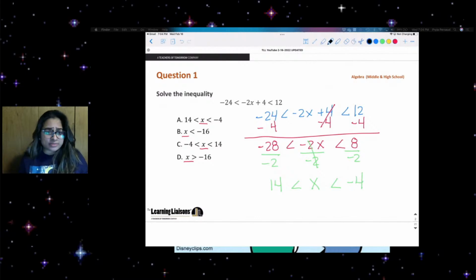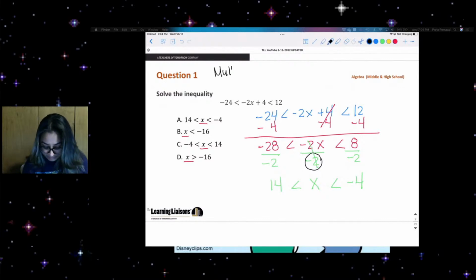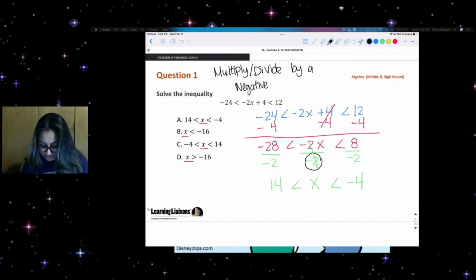Some of you might be screaming at me and saying, you forgot to do something. And you're right, I did forget to do something, and I forgot it on purpose. Let's talk about that rule that sometimes people forget. When you multiply or divide by a negative number, what do you have to do? Flip the sign. Here, it's the inequality.